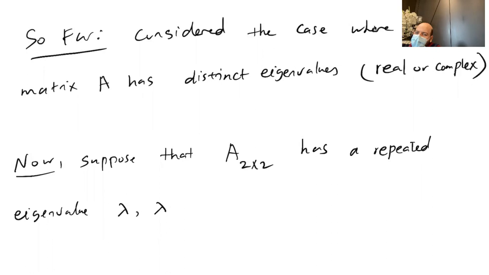So if A is 2 by 2, it will have two eigenvalues. Either they are distinct, which we already covered before, or they are repeated. Because it's only two of them, if it's repeated, you will have only one number which occurred twice. So let's say lambda and lambda.